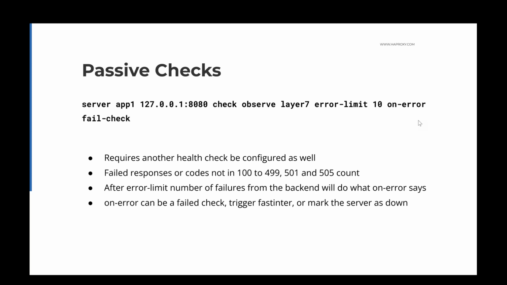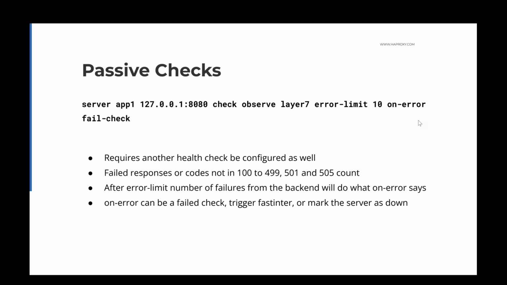And then there's finally on error, where you can tell it what to do if the observe failed. By default, it is fail check, so it would be the equivalent of failing one of the health checks. And so if you have a fall of 2, it would still continue to operate.